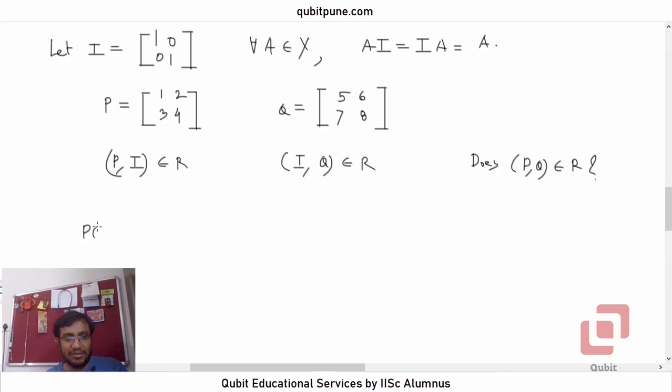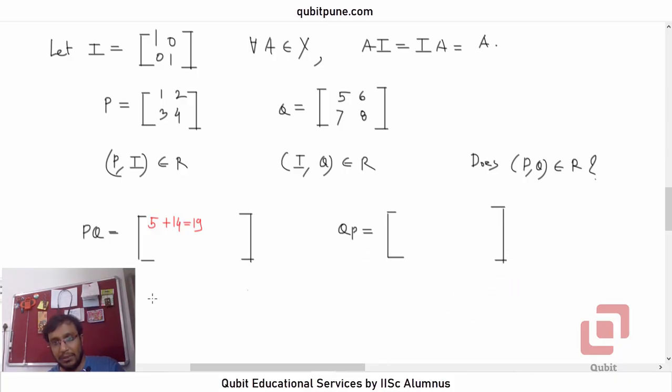Let us just determine the first element in the product PQ. To get this element, we need to consider the first row of P and first column of Q, right? So that will be 1 into 5, that's 5, plus 2 into 7, that's 14. So you will get 5 plus 14, that's 19. So PQ11 is 19. Now what about QP?